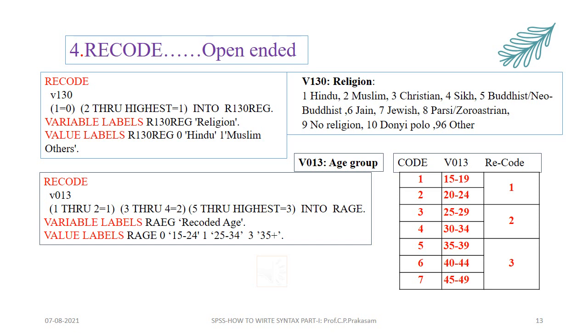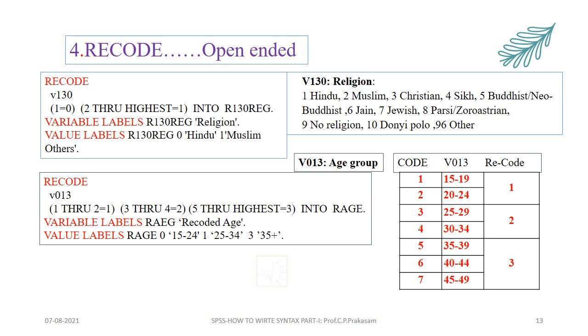That is religion; I have given it here as an abbreviation. You can give any other abbreviation according to your target variable name. Variable label: R130REG is "religion" in quotes and a dot. Value label R130REG: 0 equals Hindu and 1 is Muslims and others. Like that, you can truncate it.